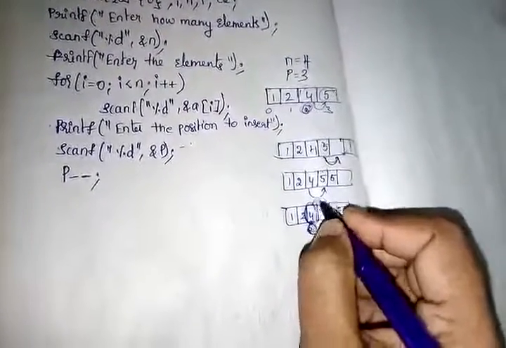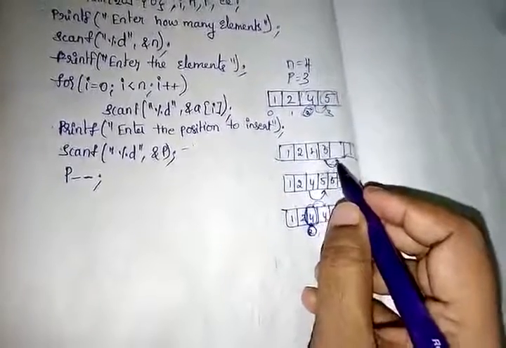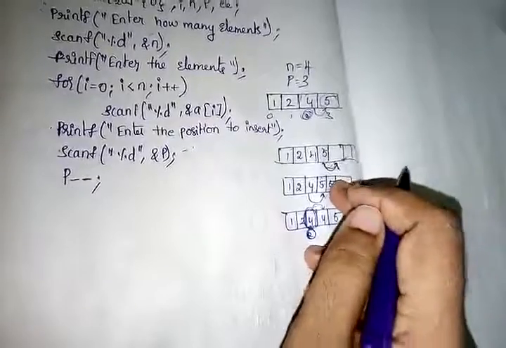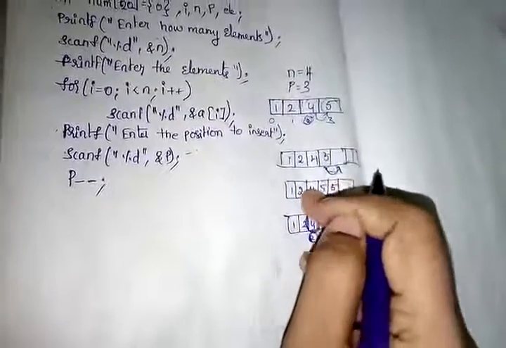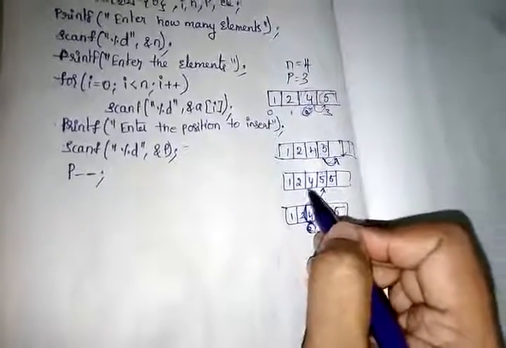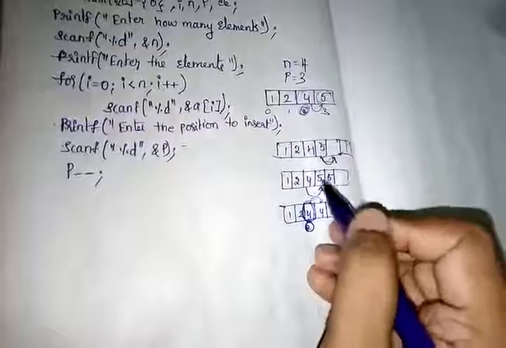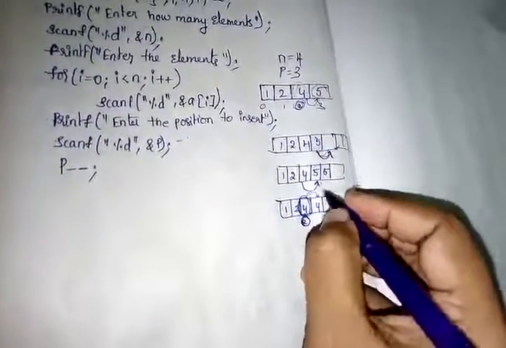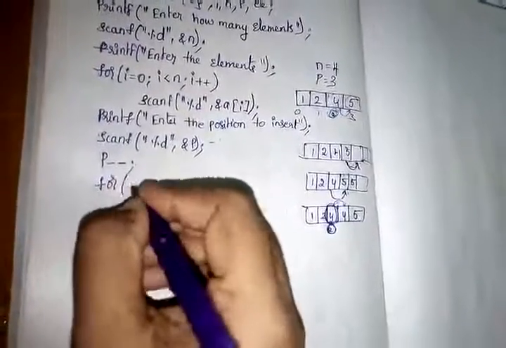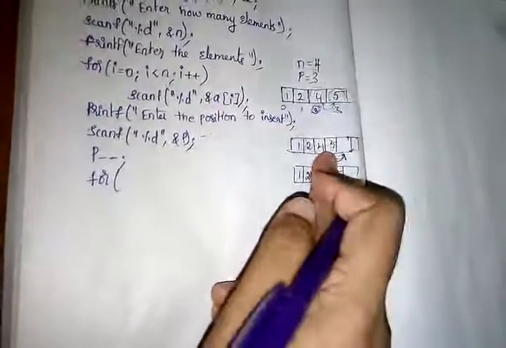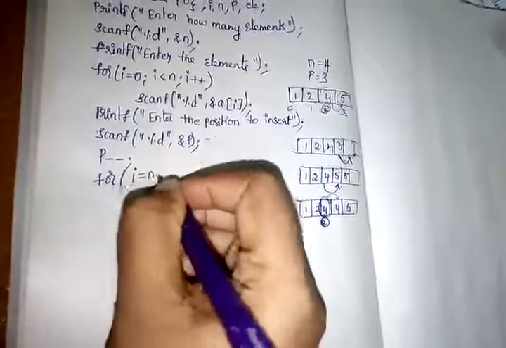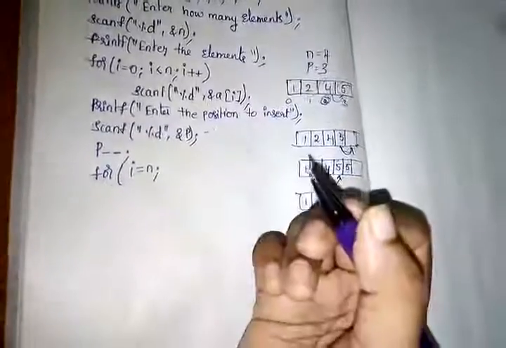So if you observe, until when do we need to repeat the action of moving the elements to the next position? From the last element until we reach the value of p. So from the last element until we reach the value of p, we need to move the element to the next position. For that I am using the for loop. As I am going to move the elements from the last of the array, I am taking the value of i as n.